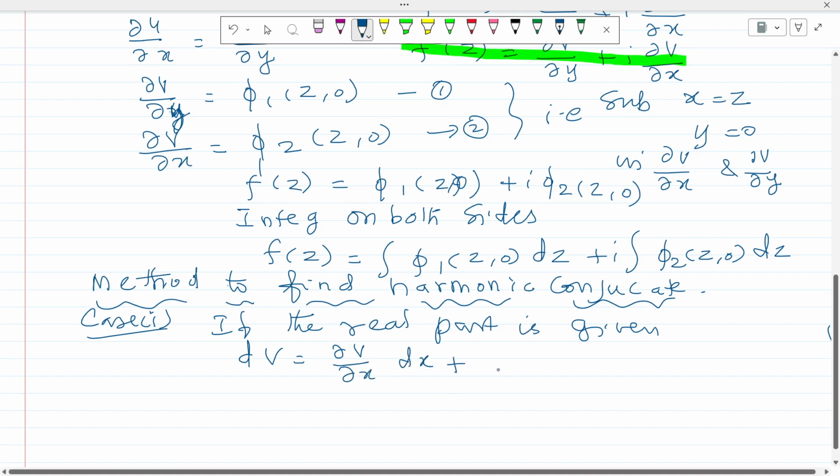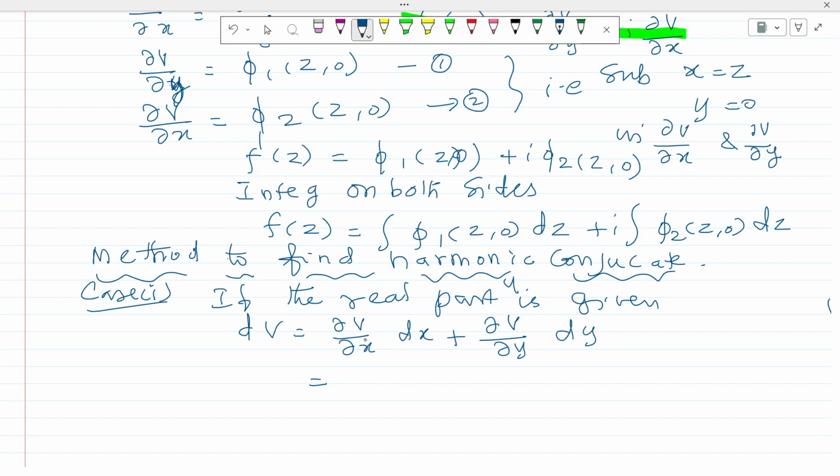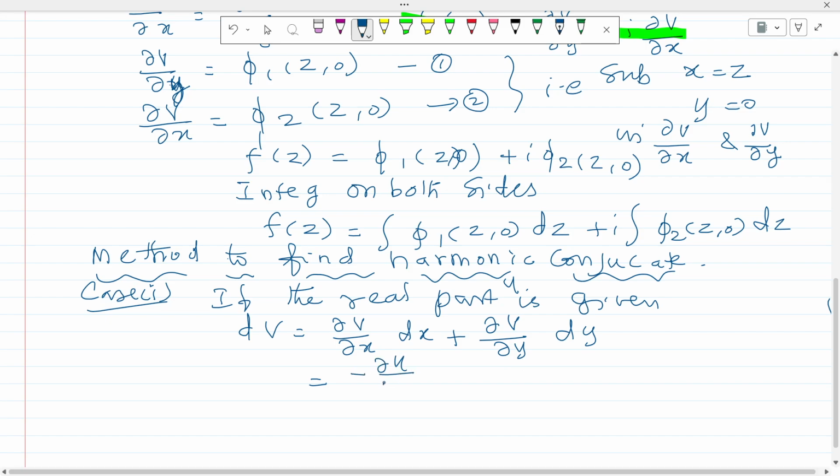Yesterday I wrote this formula. Here you can substitute for ∂v/∂x. Only u is given, so you have to convert into u. That means ∂v/∂x is minus ∂u/∂y, dx, plus ∂v/∂y is ∂u/∂x, dy.